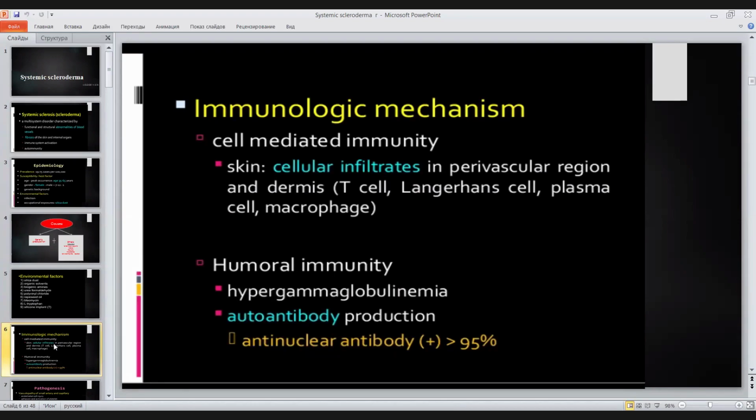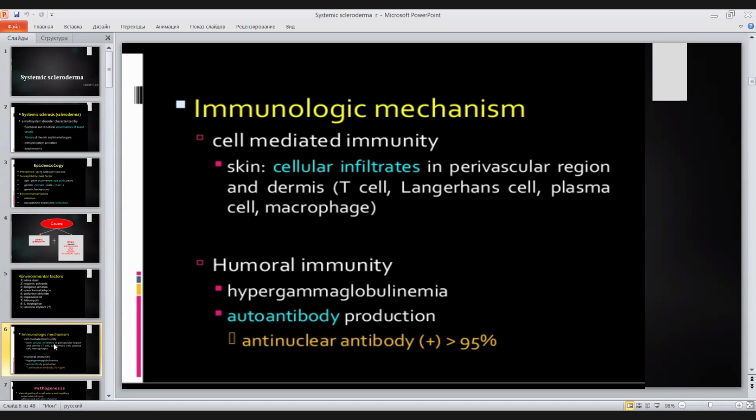At the same time, humoral immunity is activated, which produces high levels of gamma globulins in blood. You can find hyperglobulinemia, and as a result of the activated T cells, Langerhans cells, macrophages, B cells are always activated and produce autoantibodies. T cells are always responsible for activation of B cells.